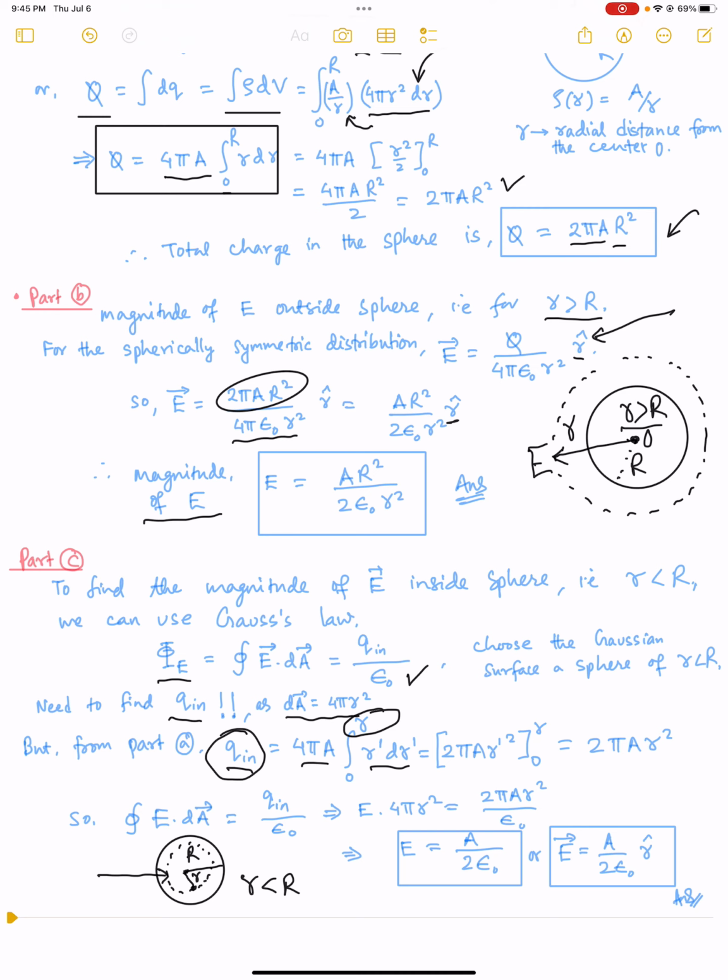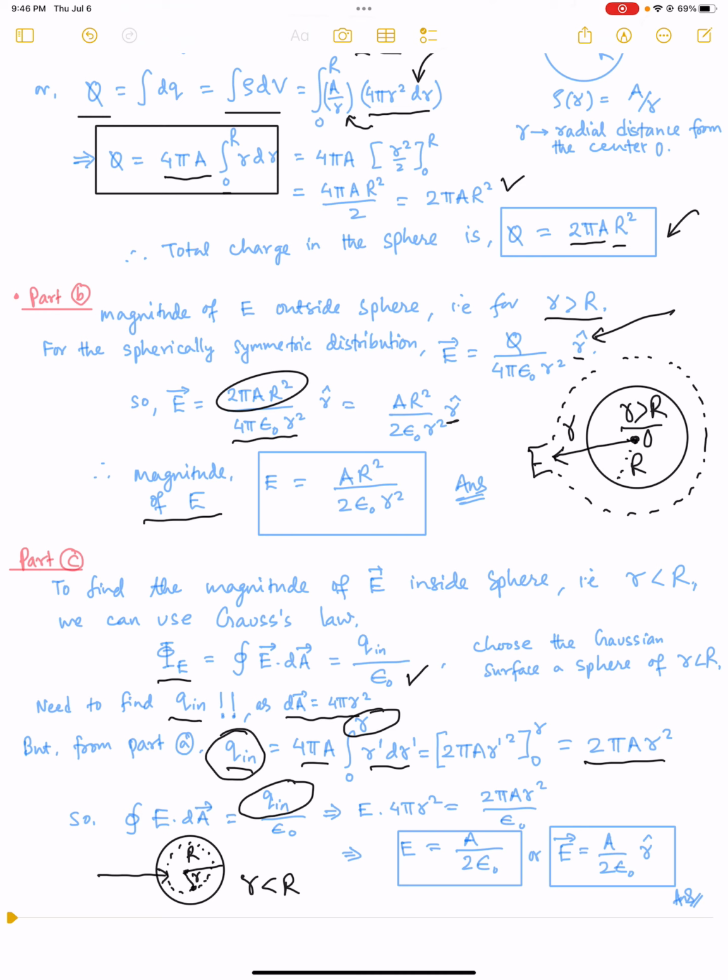So r' dr' is within that Gaussian surface, and when you do the simple integral, you get 2 pi a r squared. That's the value of q in, the charge enclosed inside the Gaussian surface.